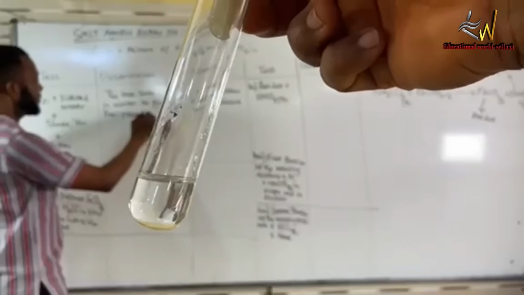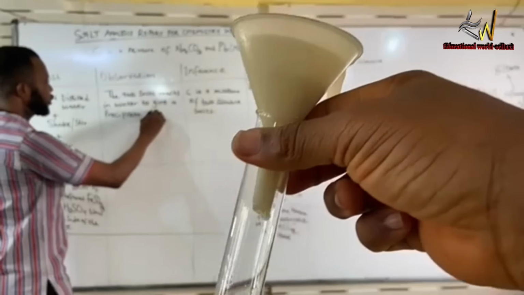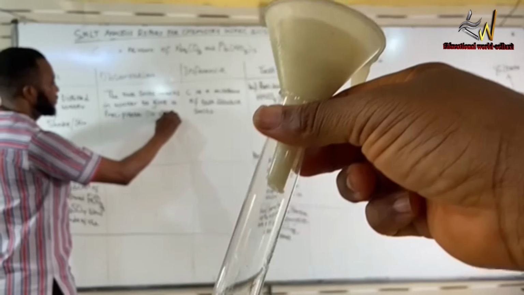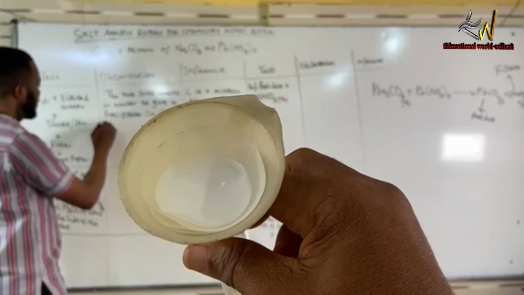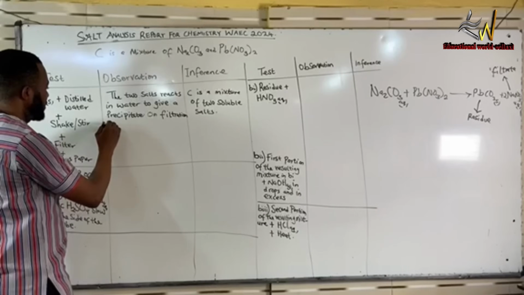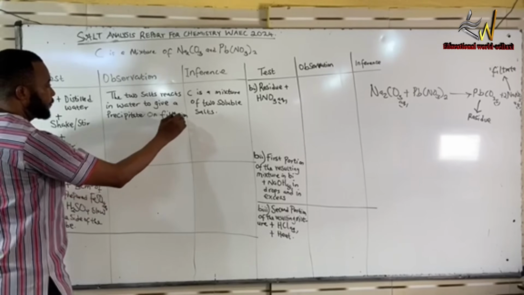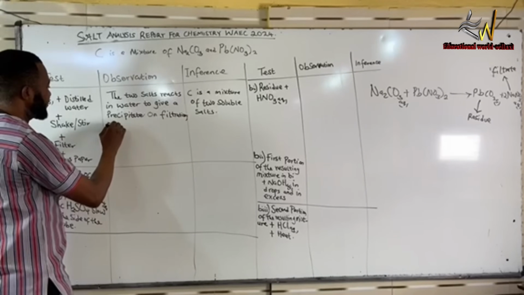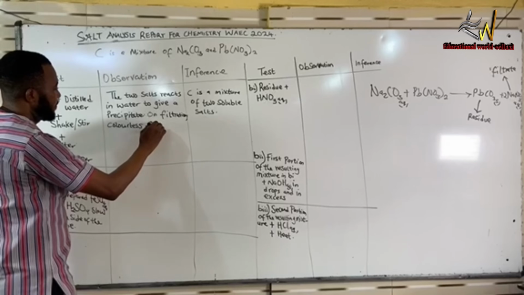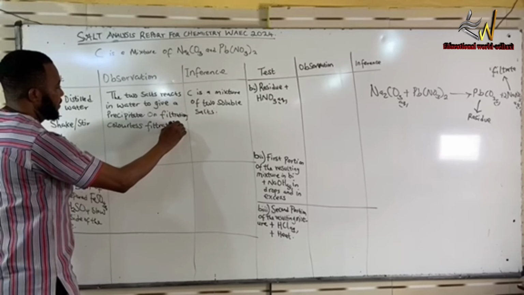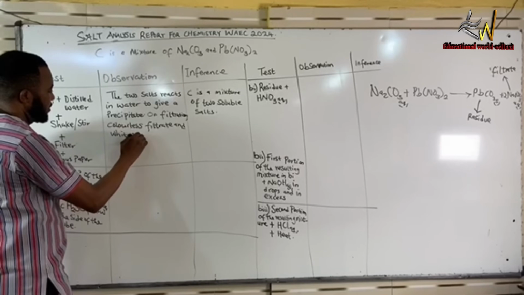So you now say, on filtration, we have a colorless filtrate and white residue.